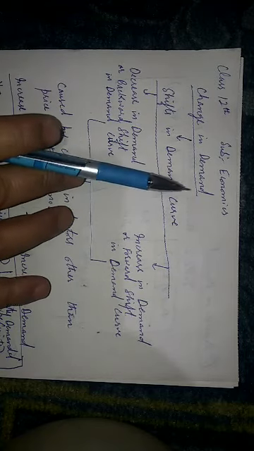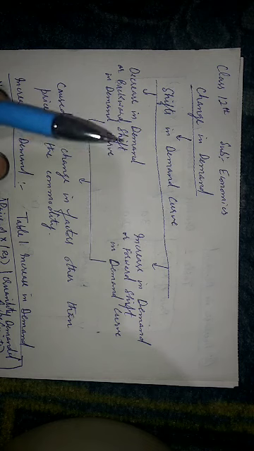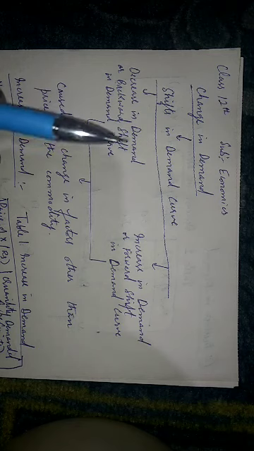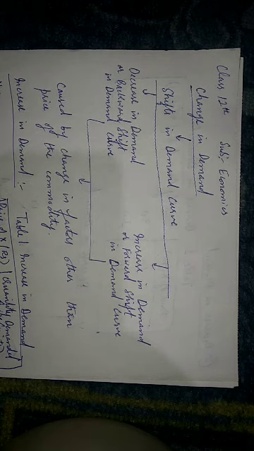Now see, in this case, the entire demand curve shifts either upward or downward. This type of change takes place when quantity demanded changes due to change in factors other than own price of the commodity, such as change in income, fashion, etc. When due to change in these other factors demand falls, it's called decrease in demand.